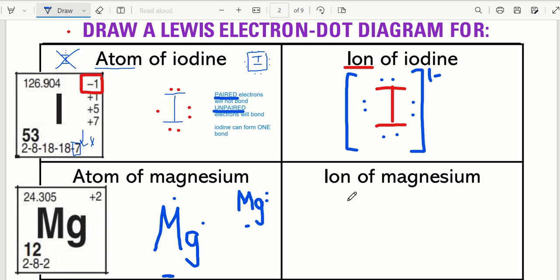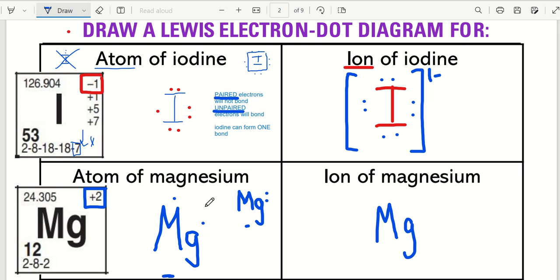All right, so what about an ion, right? So same symbol, right? Look here, charge is +2. So let's go through again. Remember, an atom wants to have, in most cases, 8, right? So what happens in this case is magnesium had to gain 6.